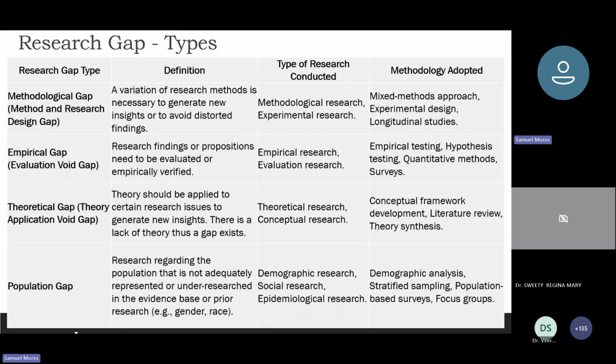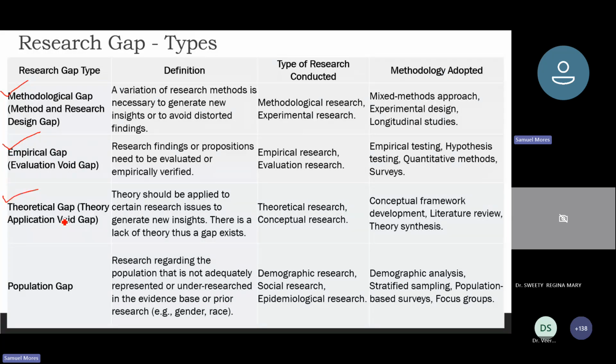Sometimes a methodological gap can be there. Somebody has conducted a study following a particular method, but you feel that the same conclusion might not be derived if you adopt a different methodology. That is called methodological gap. Sometimes an empirical gap will be there. That means something is tested in one geographical region or one field, but not tested somewhere else. That is empirical gap.